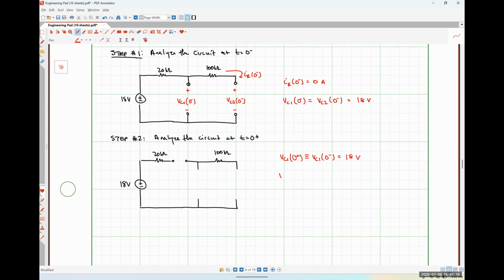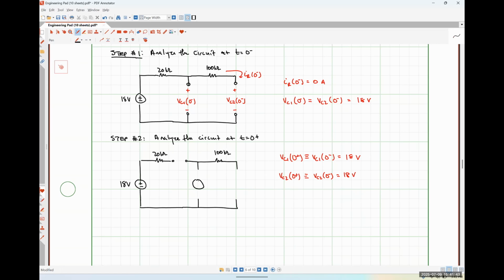And similarly, VC2 at 0 plus must be equal to VC2 at 0 minus, which would also be 18 volts. So the voltage drop across our capacitor is fixed. The current flowing through the capacitor is anything that it needs to be. So I'm going to choose to represent capacitors at t is equal to 0 plus with voltage sources.